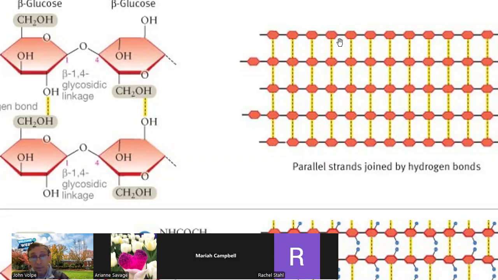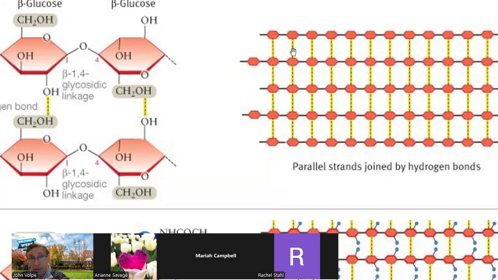And there is the first chain with the dark purple line being the covalent bond hooking this sugar to that sugar, that sugar to that sugar. Cellulose is different in that we have rows of chains of glucose coming next to each other. And these rows of glucose hydrogen bond with the neighboring glucose.